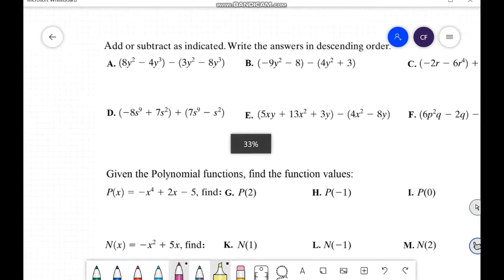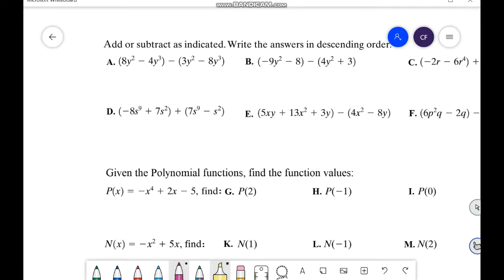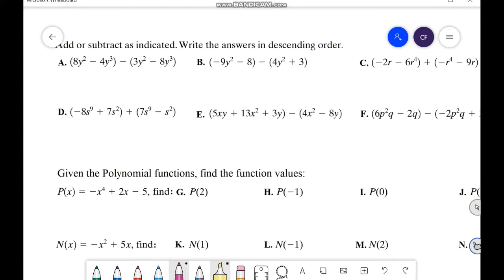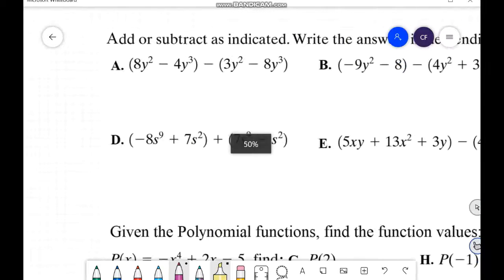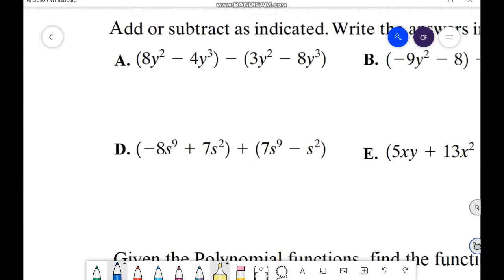And this is our quiz today. We have 2 parts. The first part, add or subtract as indicated. Write the answers in descending order. Don't forget this. So let's say letter A. This is a subtraction, right?